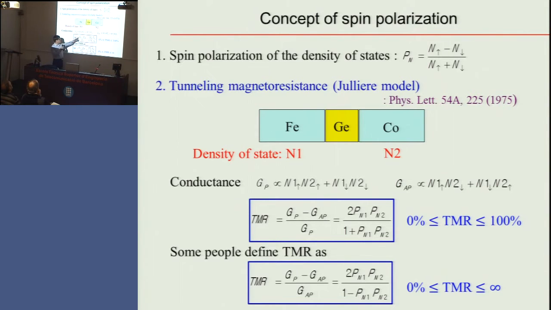If you put G and P here, using the definition of the conductance, at the end you could get these formulas easily. Which means if you measure TMR, you could estimate what the P's are going to be, which means you can tell how much spins are aligned inside these materials. Anyhow, they are called spin polarizations.